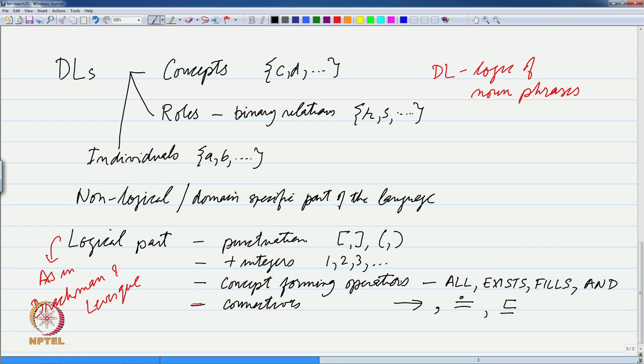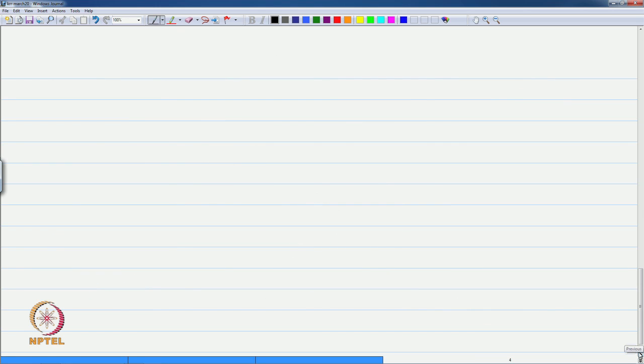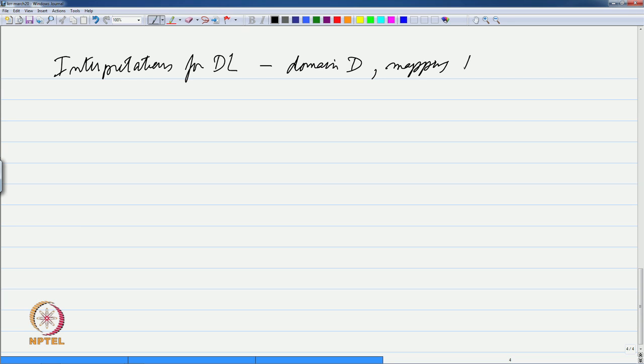So, just like we did for FOL, we can talk about interpretations in DL. So, we can define a domain D and a mapping I to define an interpretation.